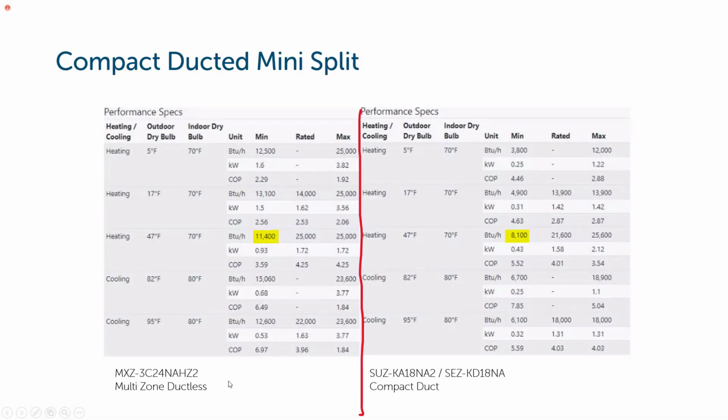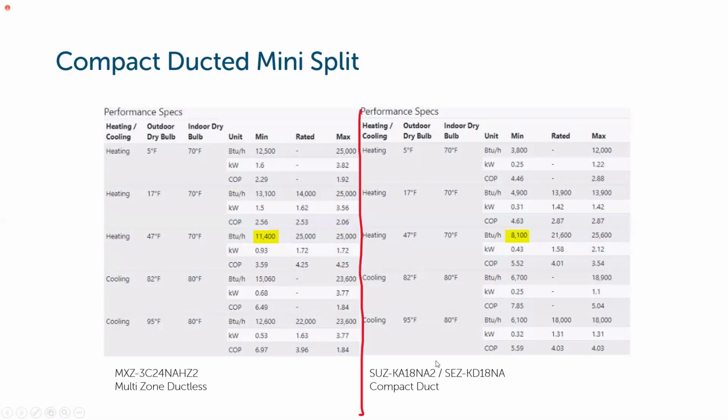So turn down ratio is the big thing here. We're looking at different design temperatures, so outdoor conditions and what the load would be and what the output would be for the equipment. Let's say we have a bedroom that needs 12,000 BTUs of heating at 5 degrees outdoor temperature.